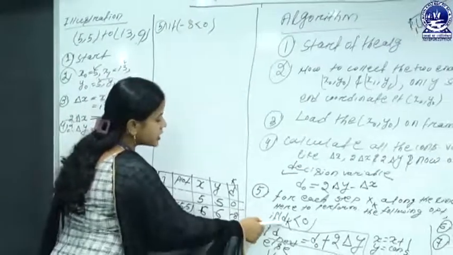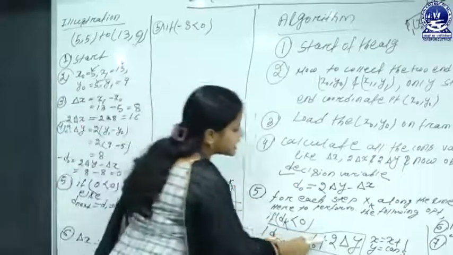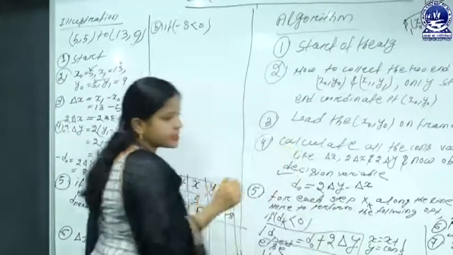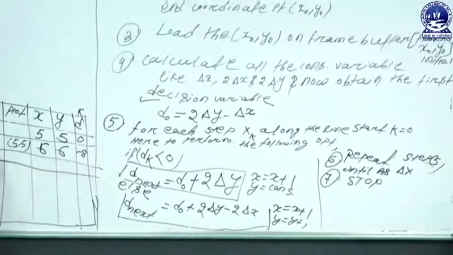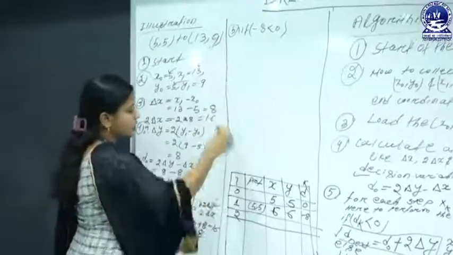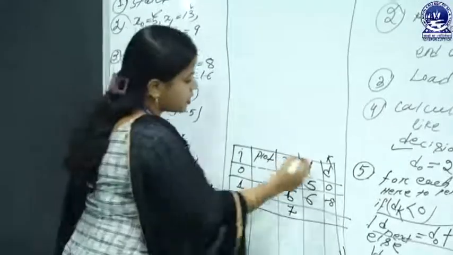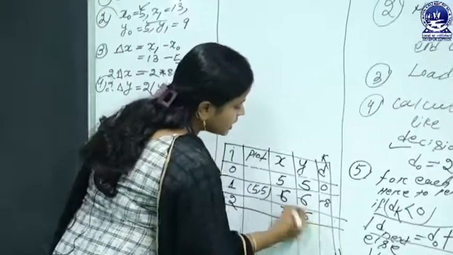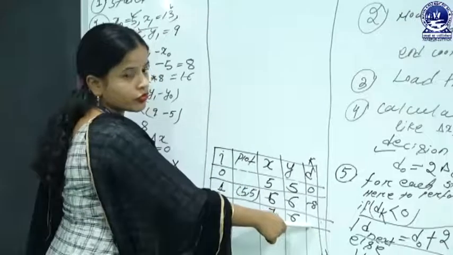When the if block is executed, the x coordinate is incremented, but the y coordinate stays constant. That means when the k value is 2, the condition is true, so only the x coordinate is incremented, but the y coordinate stays constant. Okay, so now to calculate the decision variable.